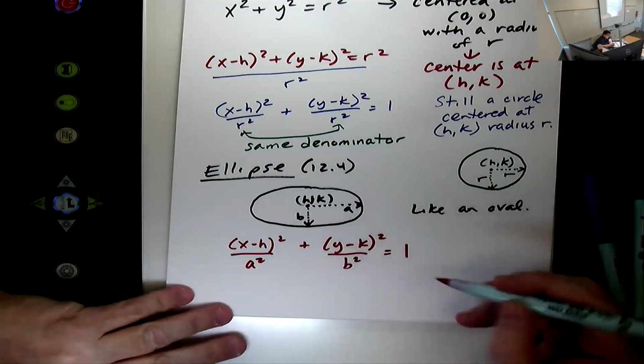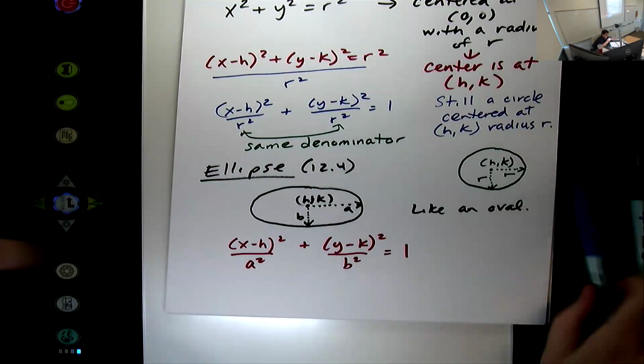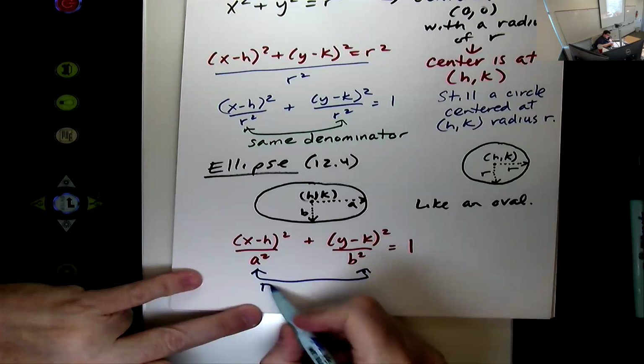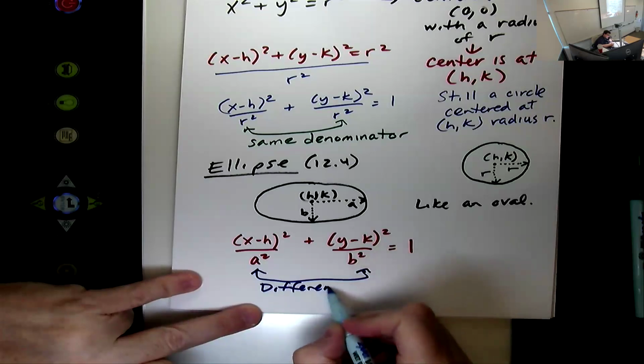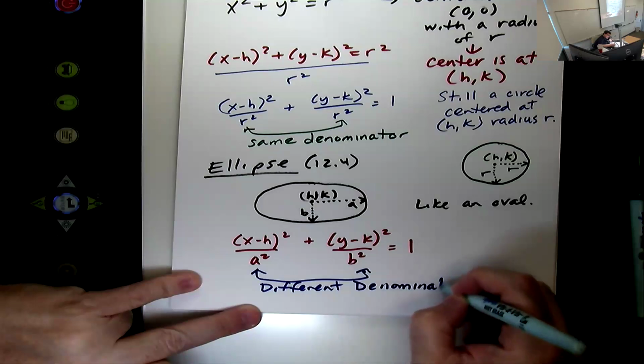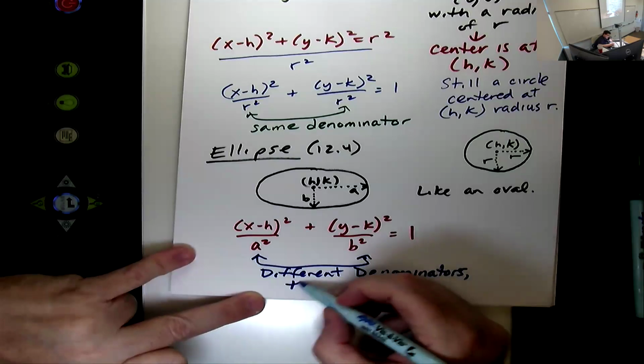So the only difference, in fact, equation-wise, is different denominators. And so this is the only clean form of it.